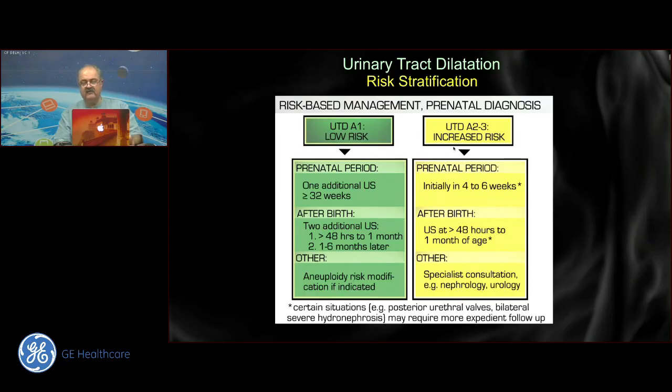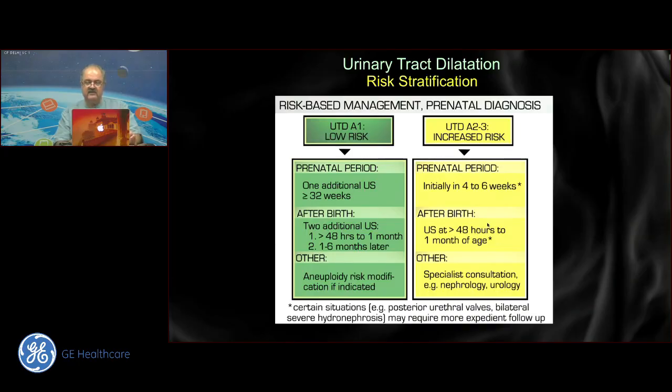If you have a urinary tract dilatation of the A2 or 3 category, you usually do a scan initially in about 4 to 6 weeks, and then make sure that you have a special consultation soon after birth to handle this matter, because things could go differently. So the moment you find this business of more than 7 up to about 28 weeks category and that 10 millimeter later on, you have to start being very careful.